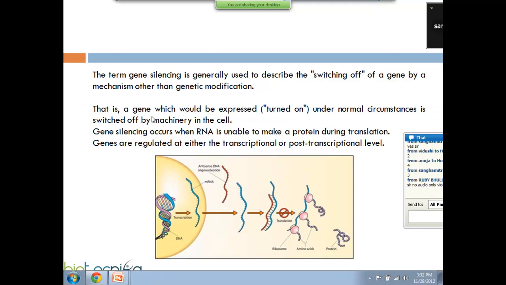A gene which can be expressed under normal circumstances can be switched off. That is what antisense RNA does. It can be expressed and bind, and once double-stranded RNA is produced, no more translation of the protein will take place. This is all about gene silencing.